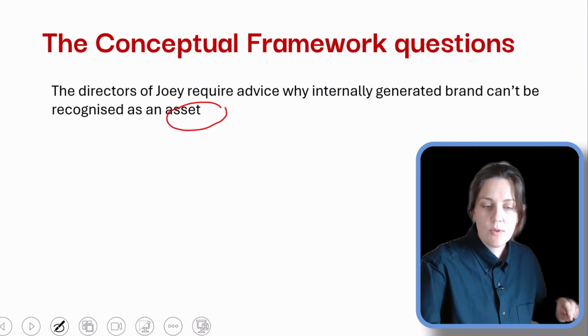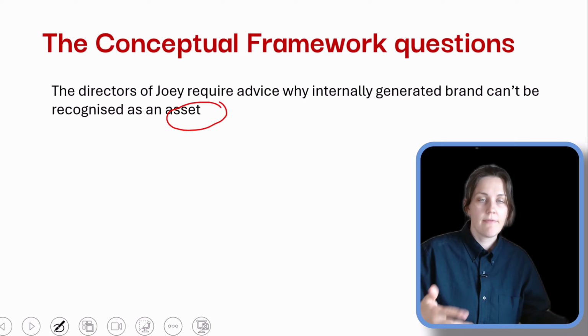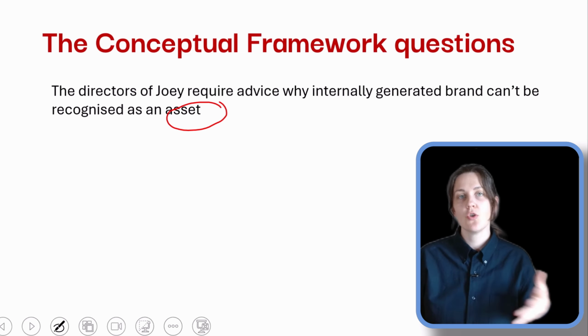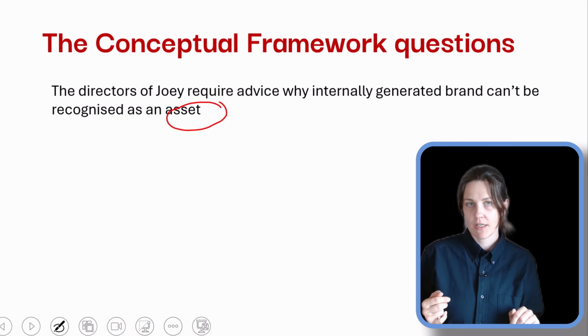In this case, you will need to give a definition of an asset. So it's past events, controlled by an entity, and so on. And you would need to challenge that together with the 2 fundamental qualitative characteristics.